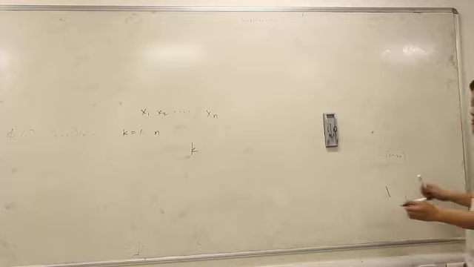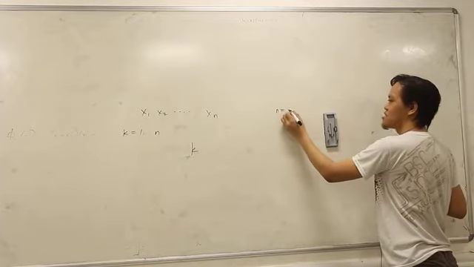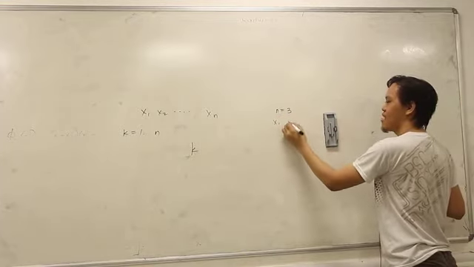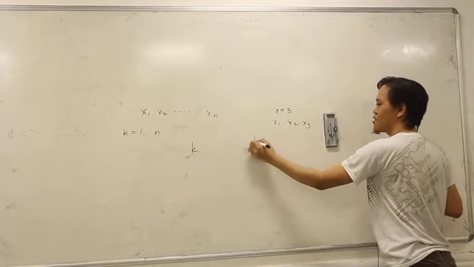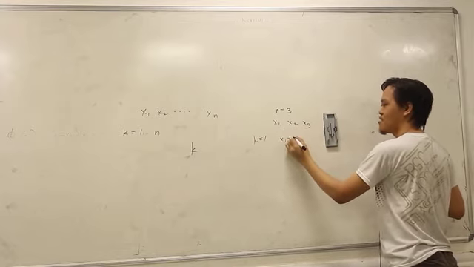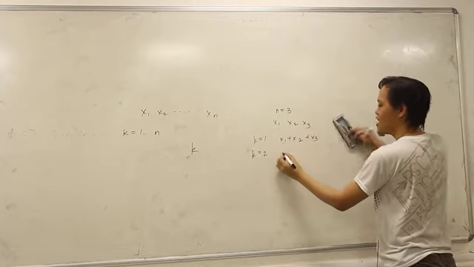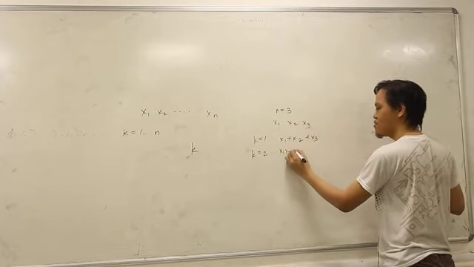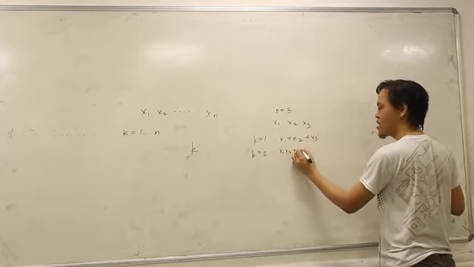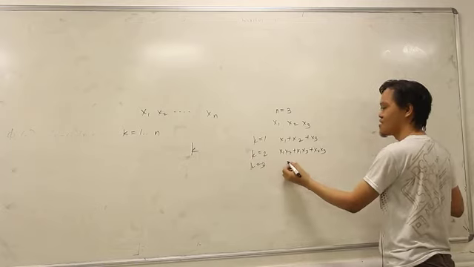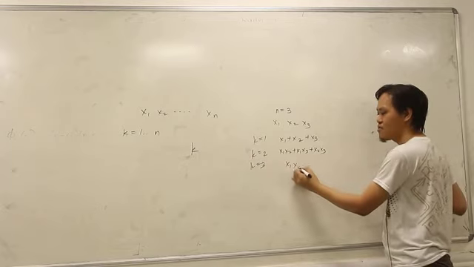So for example, n equals 3. So we have 3 numbers. For k equals 1, the answer will be simply the sum. For k equals 2, the answer will be x1 x2 plus x1 x3 plus x2 x3. For k equals 3, the answer will be x1 x2 x3.